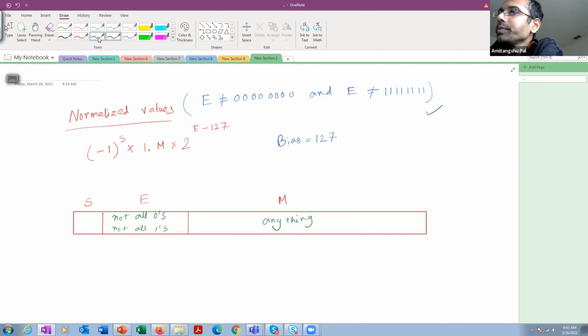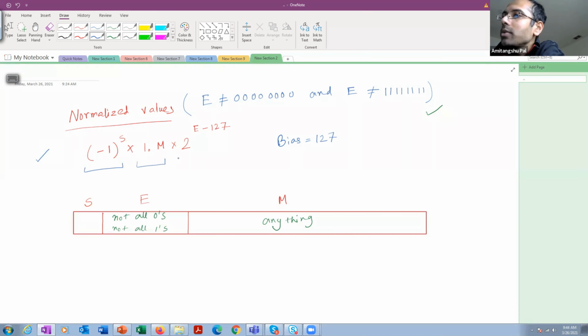Now the next question is, with this formula, can we represent number 0? Suppose I want to represent number 0. Can you do it using this formula? If you check very carefully, you can see that there are 3 fields: minus 1 to the power s, 1.m, and 2 to the power e minus 127.